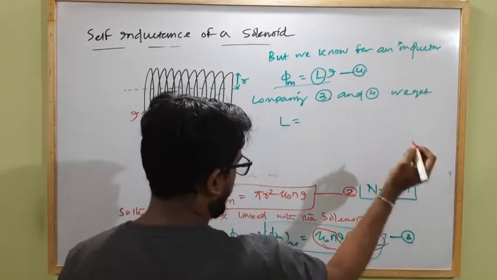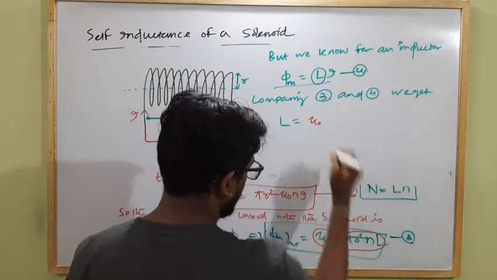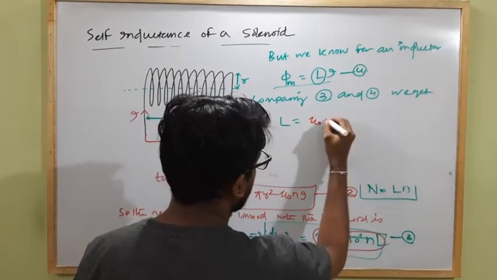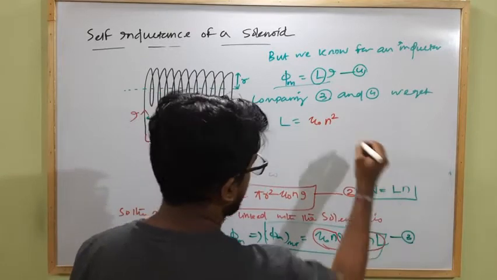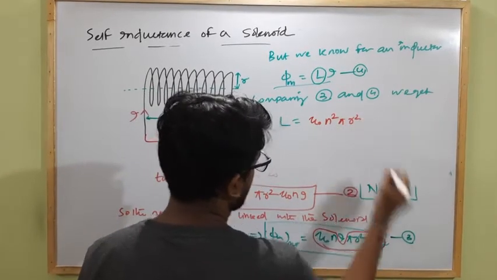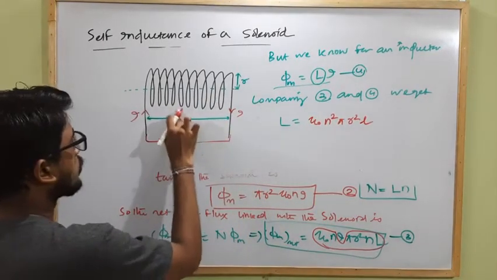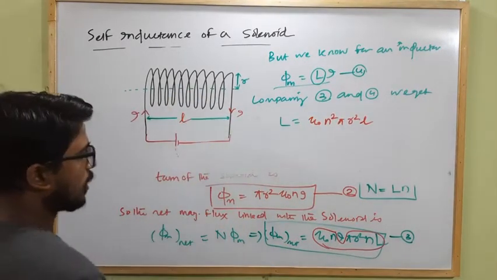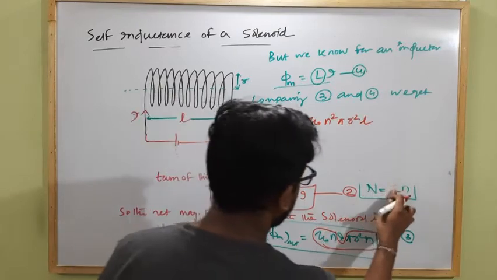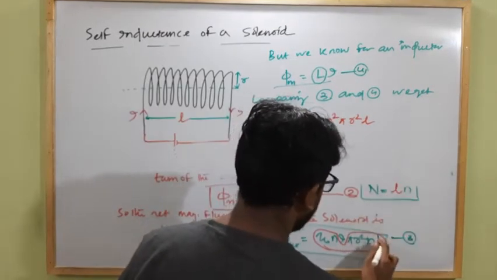L equals mu naught n square pi r square l. Let it be small l, otherwise you will get confused. This is small l, so here it will be n square into small l, the length.